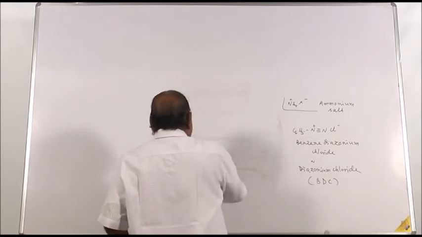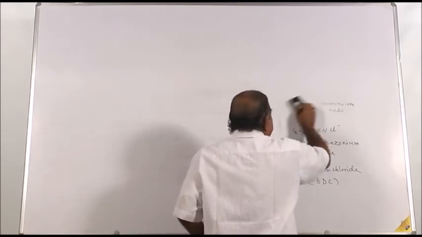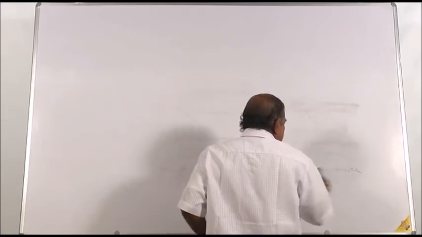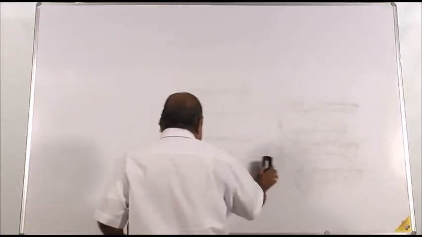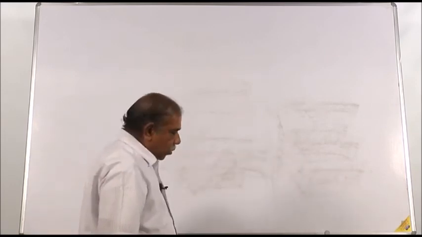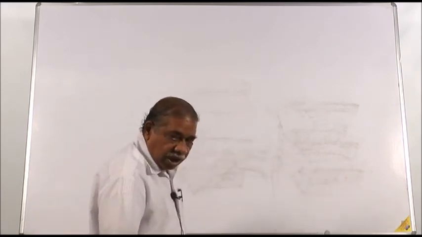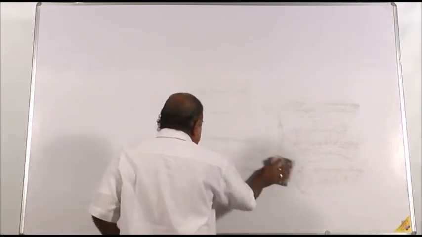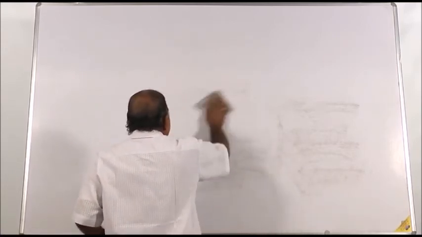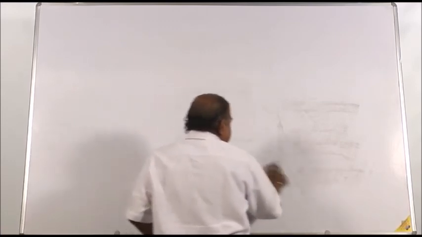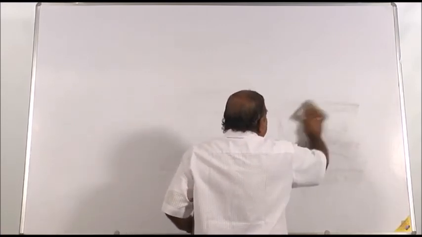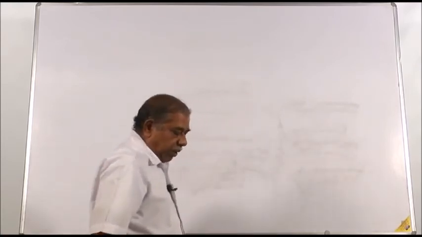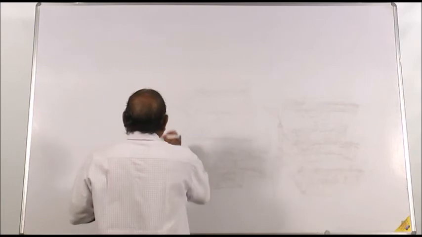So far as its method of preparation is concerned, there is only one method. If you remember, in my previous class I told you, by the diazotization process, when aniline is diazotized, we get benzene diazonium chloride. So it is prepared from aniline.